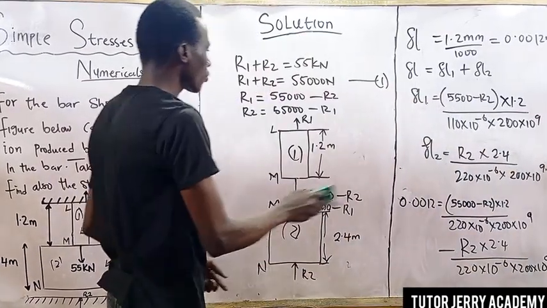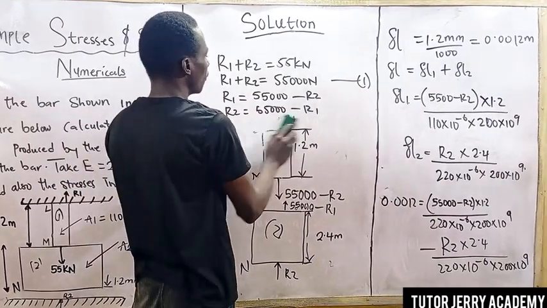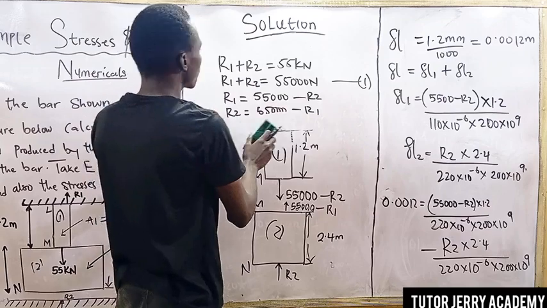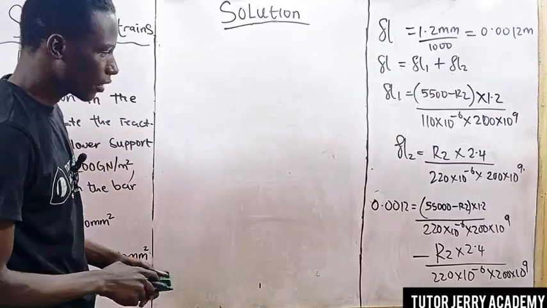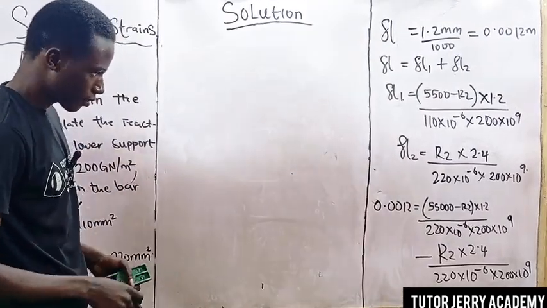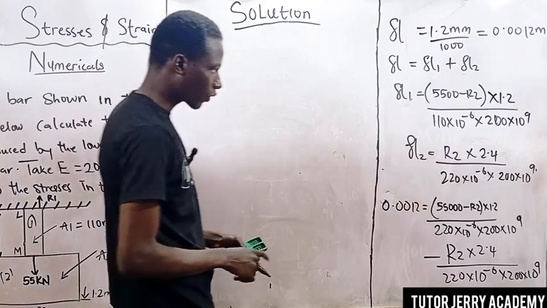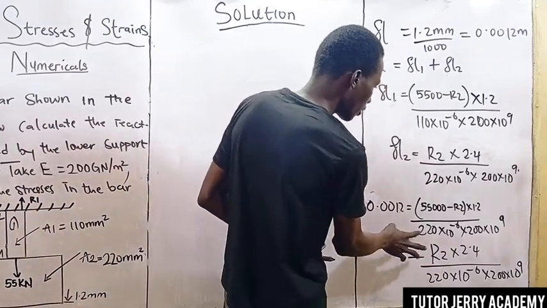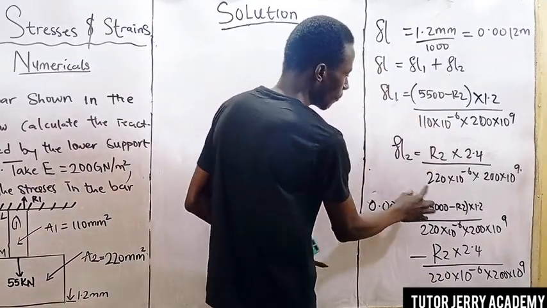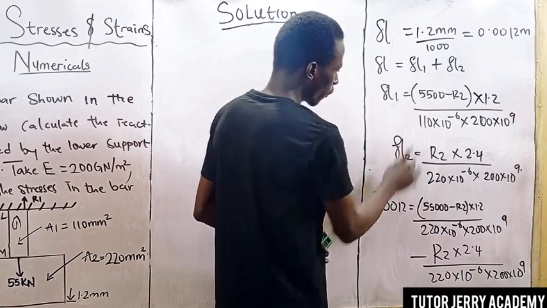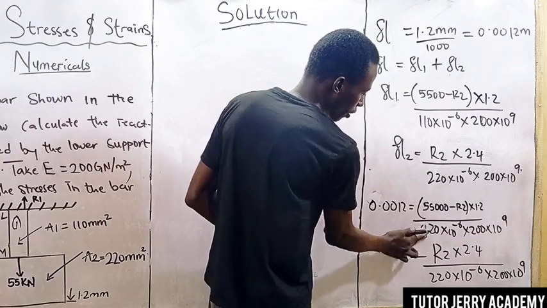So we are just going to be solving what we have here. So I will clean this part here. You can see that we can take the LCM, of course, from what we have here. Do not forget that this is for our first extension minus the second extension. Of course, we have 110 here, so here is 110.